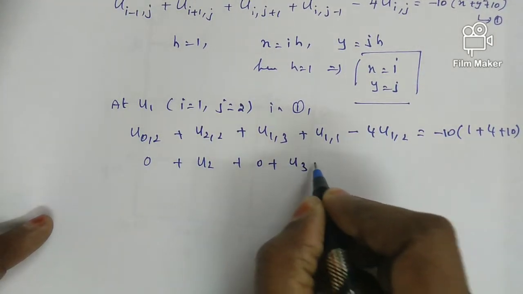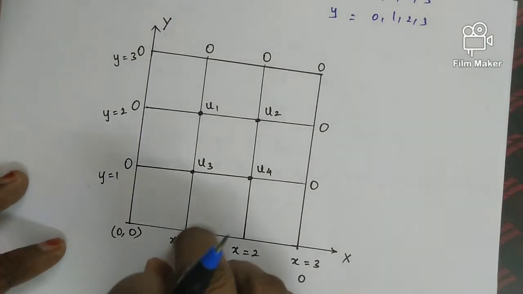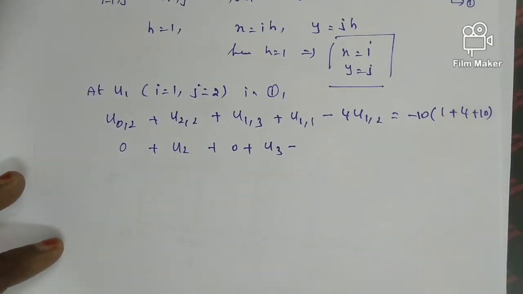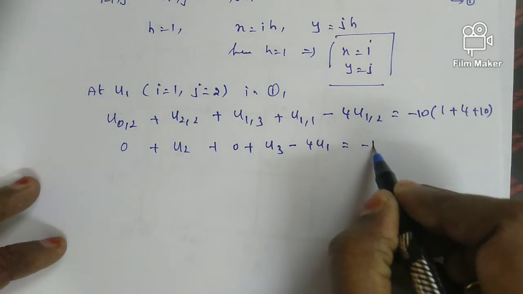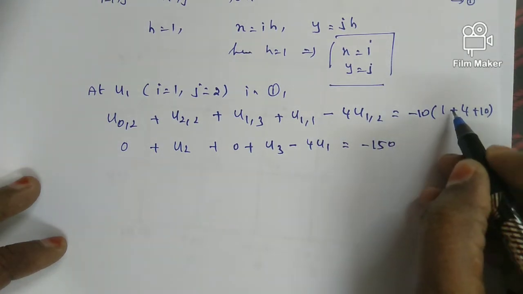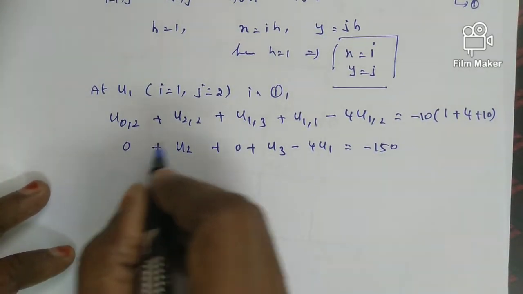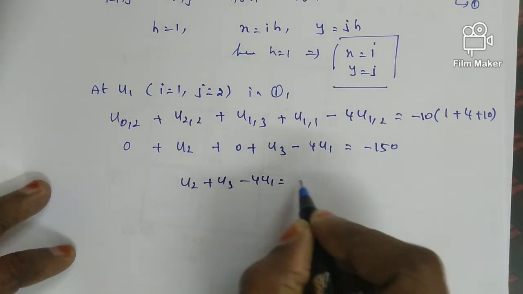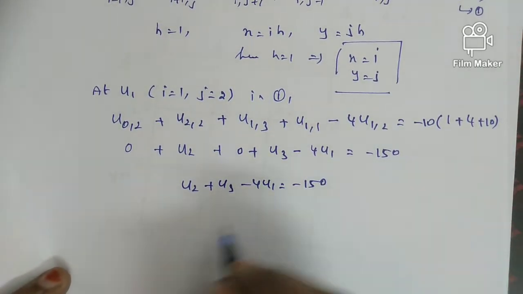So, u3 minus 4 u(1,2), that is u1, so minus 4 u1 equal to, solving this, minus 150. Here it is 4 plus 1, 5, 5 plus 10, 15, 15 into 10, minus 150. So, at the point u1, we get u2 plus u3 minus 4 u1 equal to minus 150. That is our equation number 2.